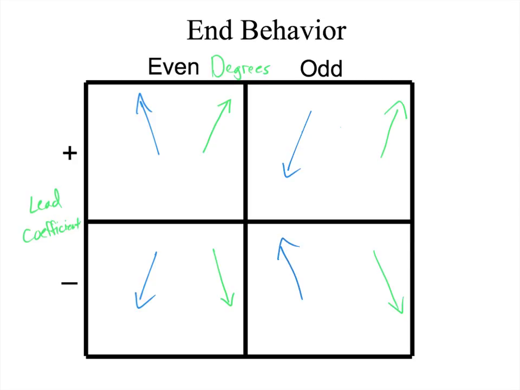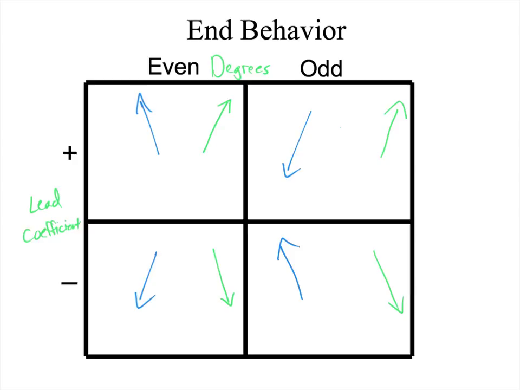And here's what I mean by that. If it's a positive lead coefficient and an odd degree, on the right side, it's going to go up. On the left side, it's going to go down. On a negative lead coefficient, odd, it's going to go up on the left, down on the right.